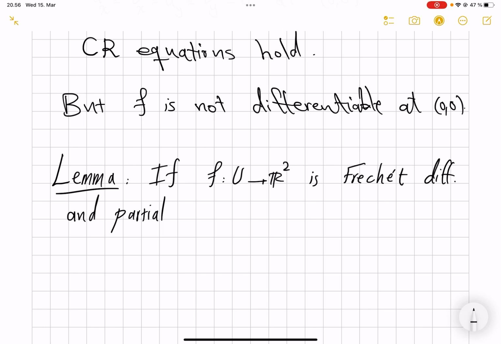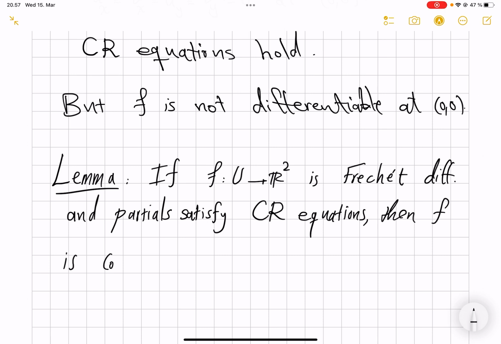The reverse is not true. And partials satisfy Cauchy-Riemann equations, then f is complex differentiable at that point. This is a pointwise result, by the way. So to emphasize, I can say at some z, then it's complex differentiable at z, at the level of just 1 point.